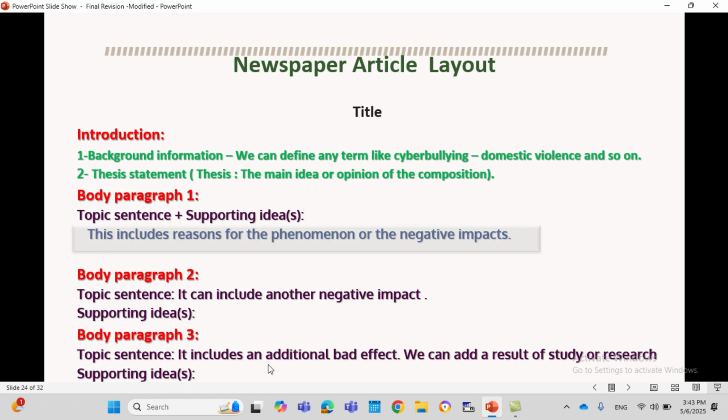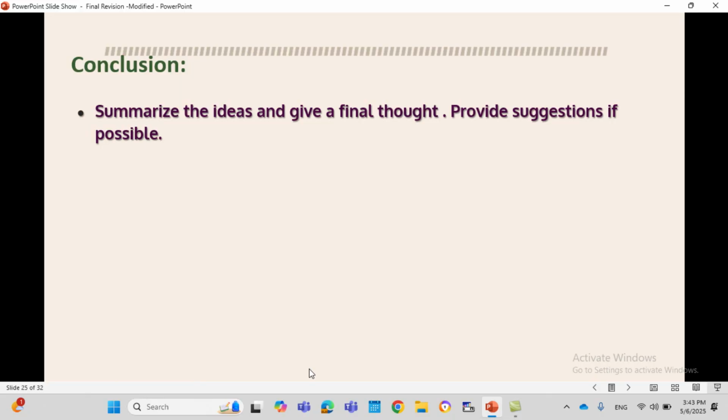We can add a result of the study or research with our supporting ideas. Okay, then we end our newspaper article with a conclusion, and here we summarize the ideas and give a final thought. We provide suggestions if possible.